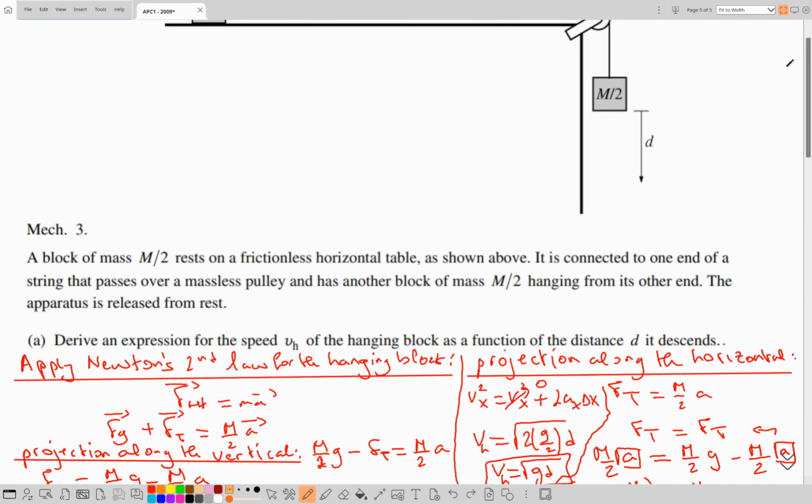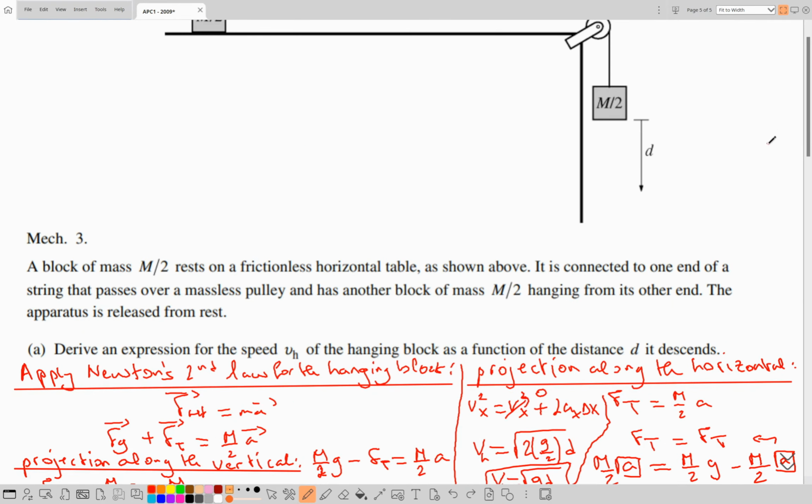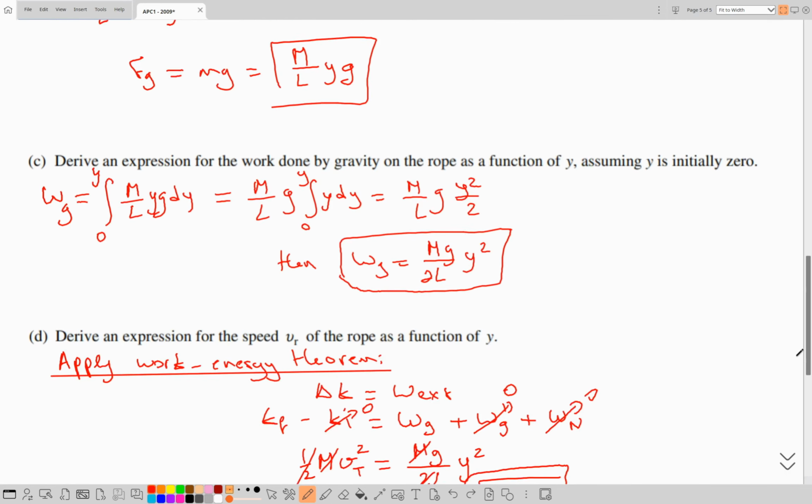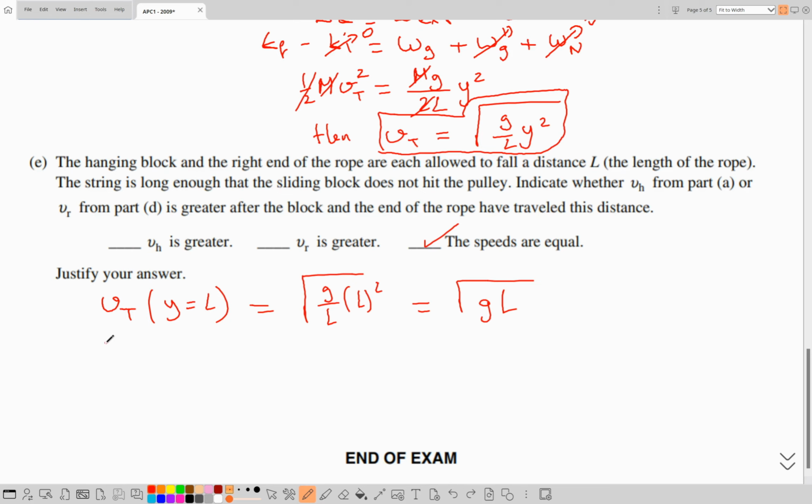And here, if the falling distance is L, then d would be replaced with L as well. So we will say that Vh is given by the square root of g multiplied by L, which is equal. So both speeds are equal.